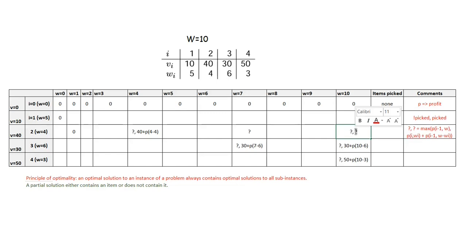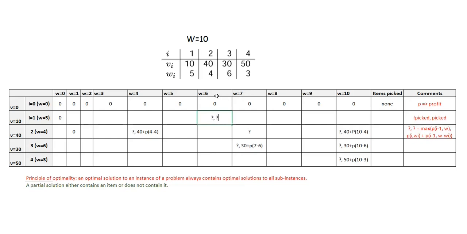If we pick up this item, our profit is going to be 40, which is item 2, plus profit from the remaining weight, which is 10 minus 4. 10 minus 4 gives us 6, so we have to look for the solution somewhere in here. To resolve this, we apply the same principle, either to pick up an item or don't pick. So 2 question marks here.